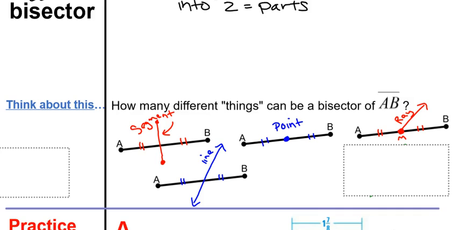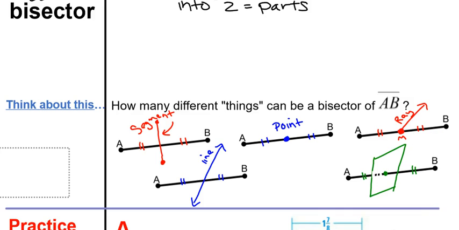The other thing that I drew, this one was a little bit trickier, was a plane that went through that, and it broke segment AB into two equal parts. So there are all kinds of different things that can be a bisector of AB. Know that anything can cut something else in half.